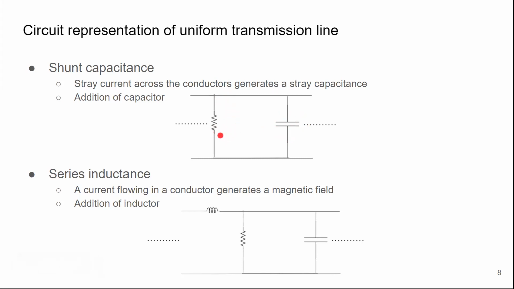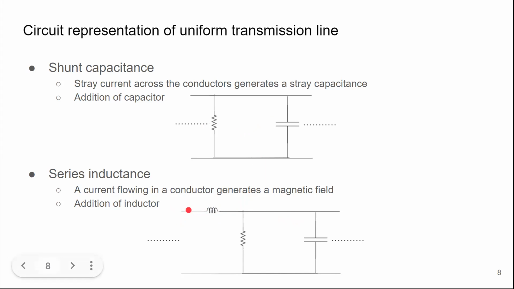that we denoted earlier. So the resistor is added because there is a stray current that is flowing across the dielectric medium, and therefore there's some resistance between the two transmission conductors. Then we take into consideration the input current that is fed to this transmission line.